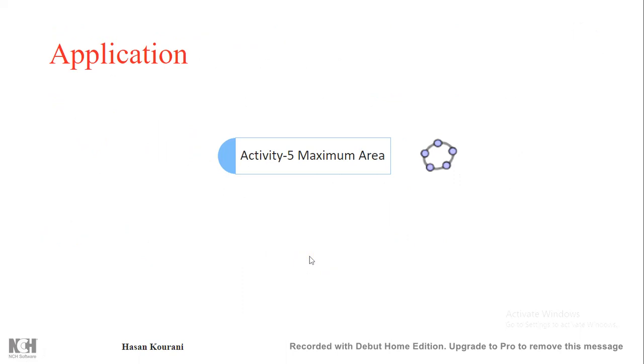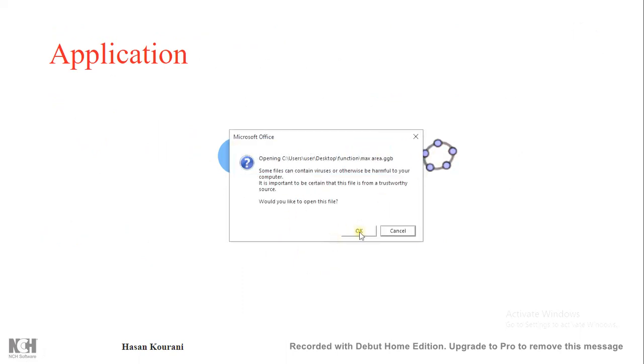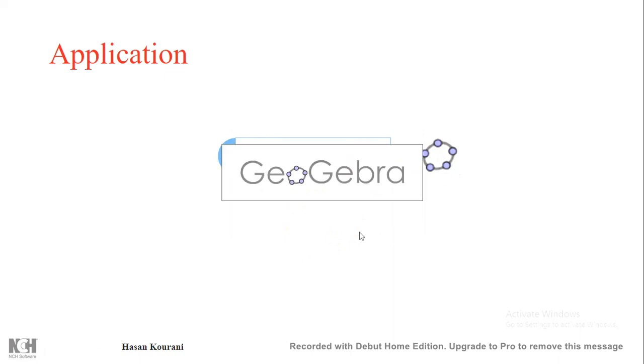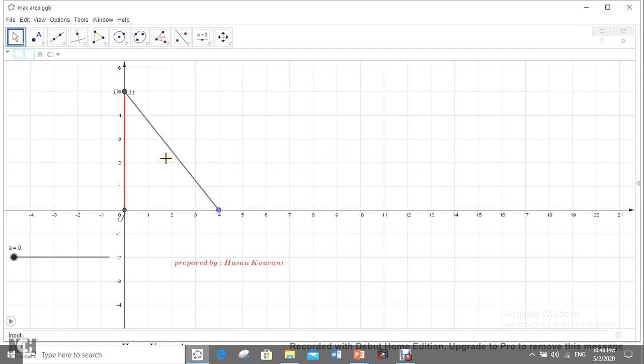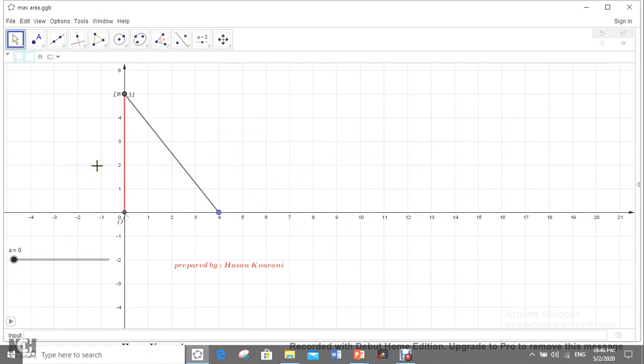We will end this part with this application with GeoGebra that shows a maximum with another point of view. As you see, we have a triangle and we have a variable rectangle here, sure, with variable area.